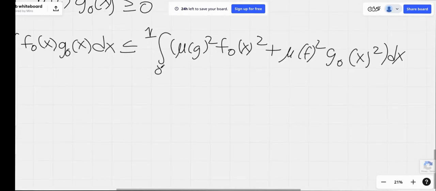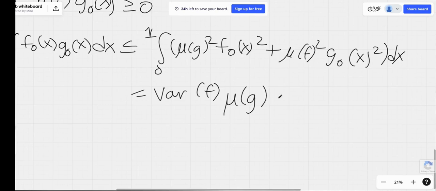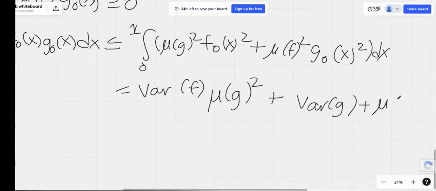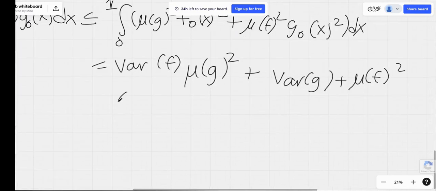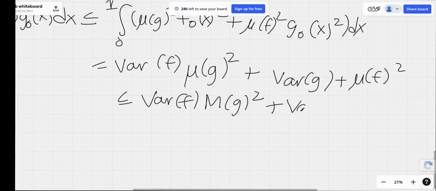Now, this expression must be equal to the variance of f times mu of g square plus the variance of g times mu of f square, which must be less than or equal to the variance of f times big M of g square plus the variance of g times big M of f square.